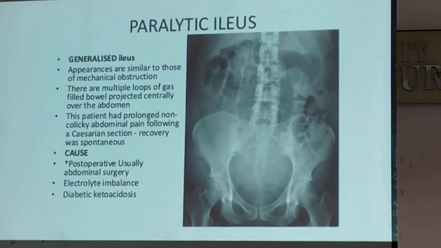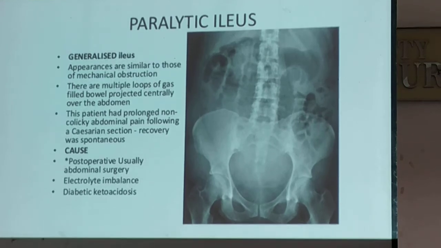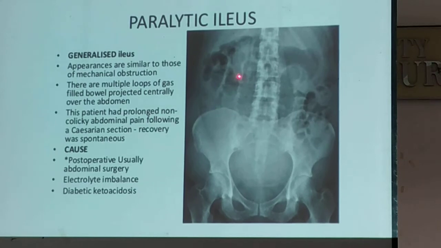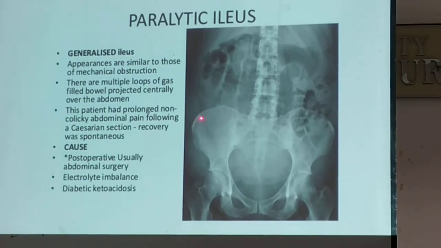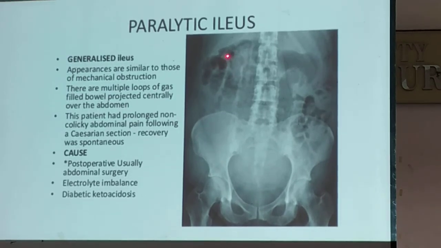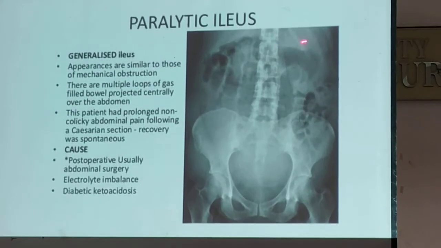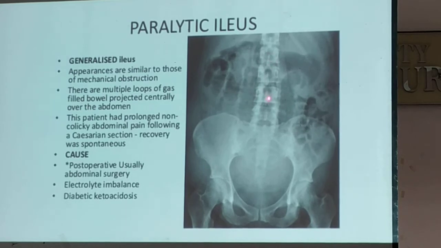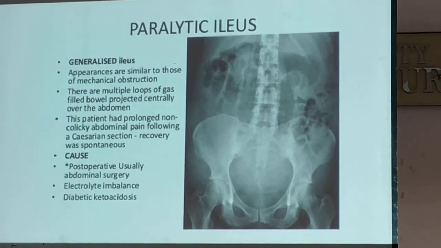So, this is an example of your paralytic ileus. As you can see, wala na yung pattern ng colon. Di ba? Sabi natin, yung pattern ng colon, usually on the periphery, going up, that would be your ascending, and then transverse, and then descending. And in here, you could see a loop of gas shadow. Okay?